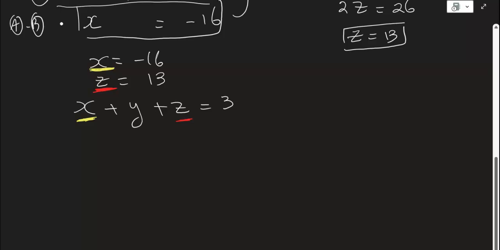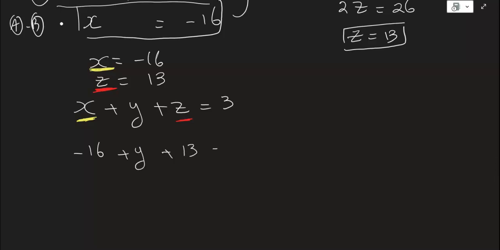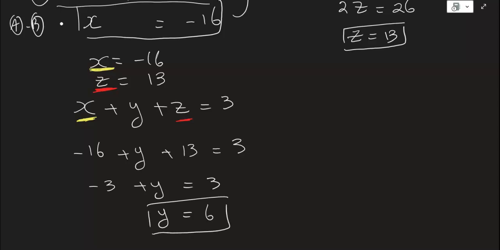Okay, and that's what we will get. We will get negative 16 plus y plus 13 is equal to 3. So in this case, we have negative 3 plus y is equal to 3. So y must equal 6. We're adding 3 to both sides.